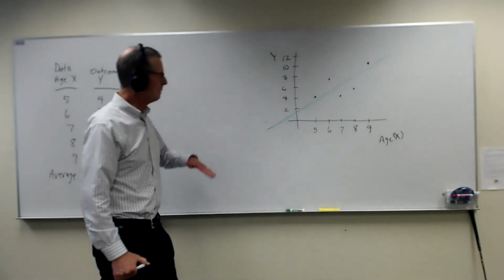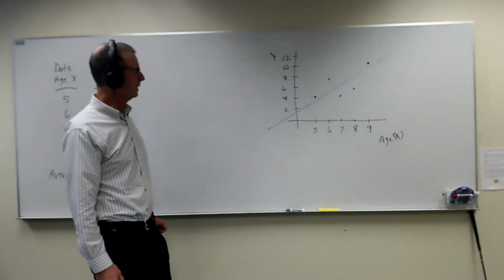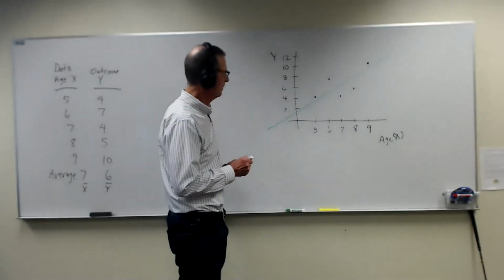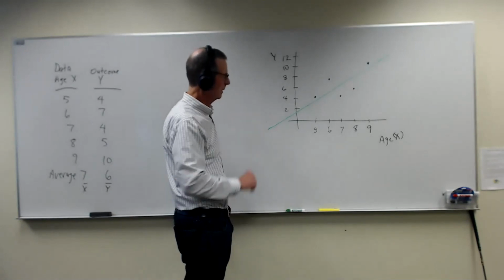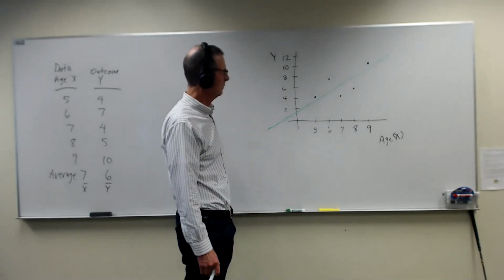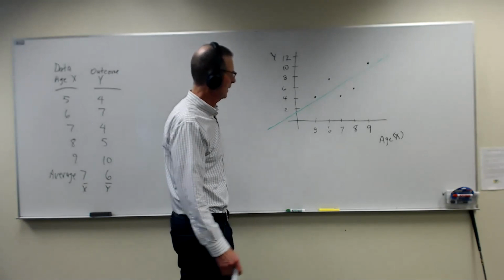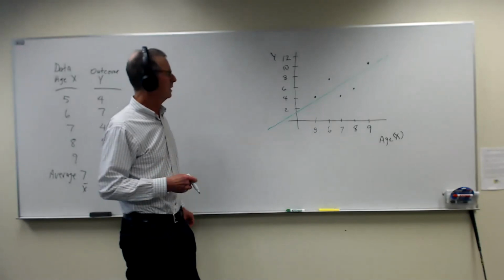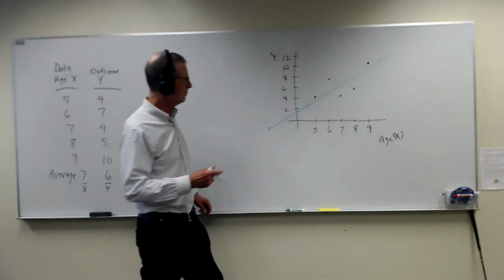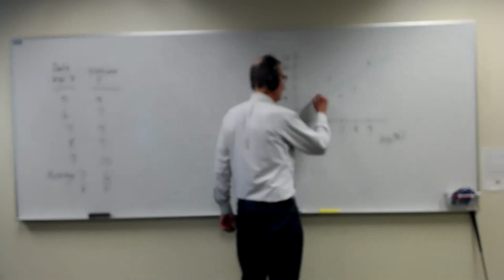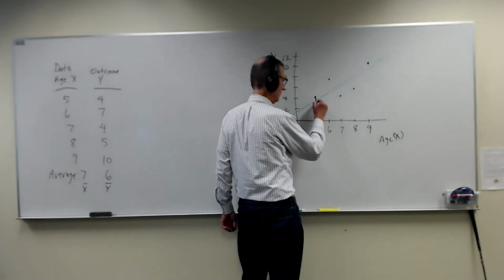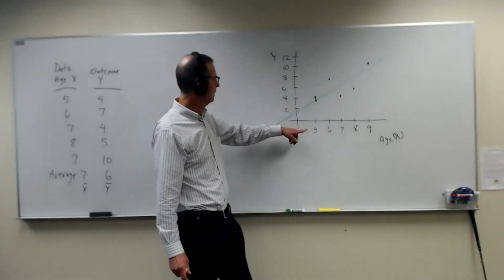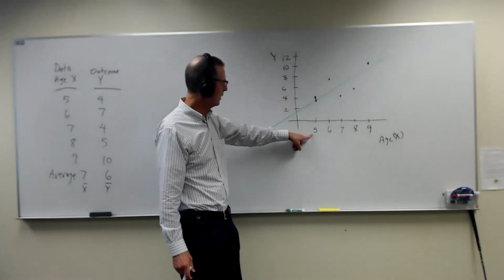So the idea of balancing points above and below the line is the intuition really behind what a linear regression model does. In effect, to think about it, it's taking all possible lines, and for each possible line, you can look at the vertical distance and ask, how well did that line predict the observed y at age 5?